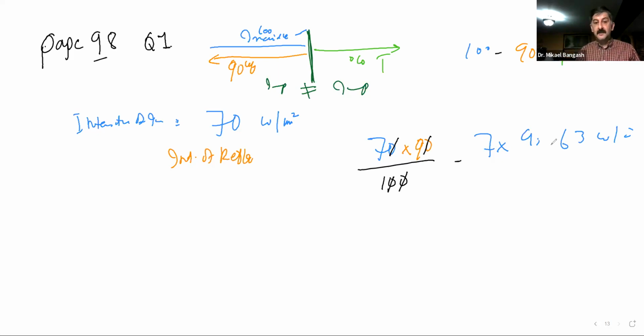Now, based on the data that you have been given, you could also calculate the intensity of the transmission.